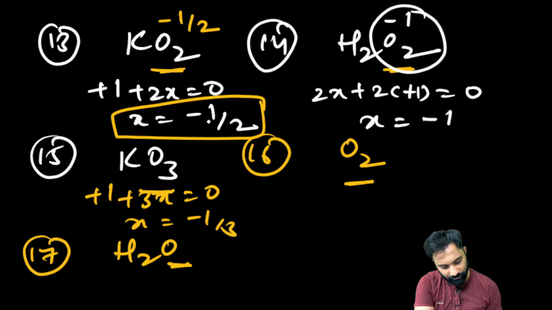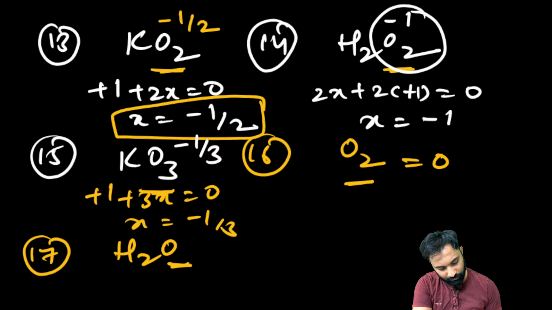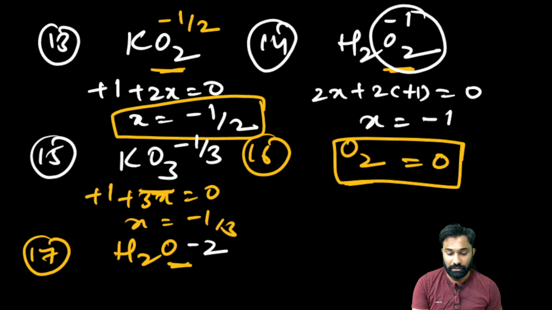In the ozonide, oxygen oxidation number is minus 1 by 3. Now O2, it is in its elemental form, its oxidation number is 0. 17, H2O, its oxidation number is minus 2.